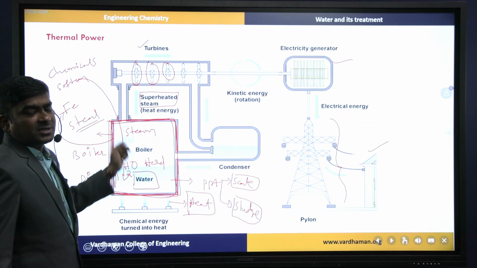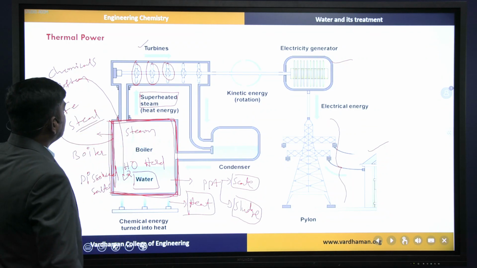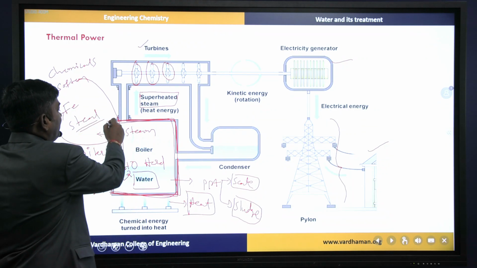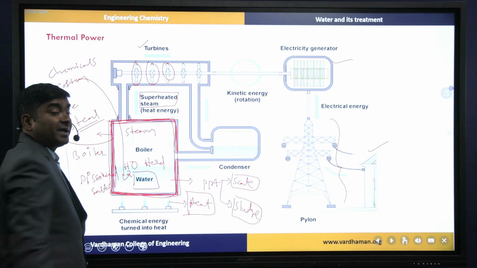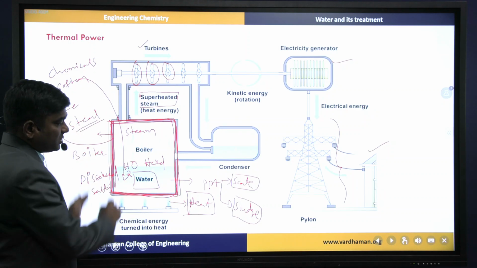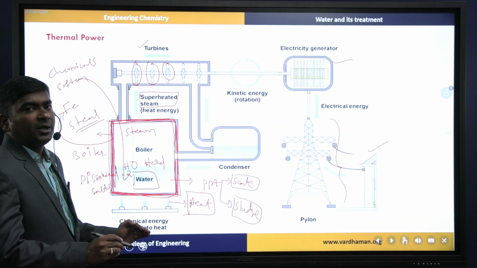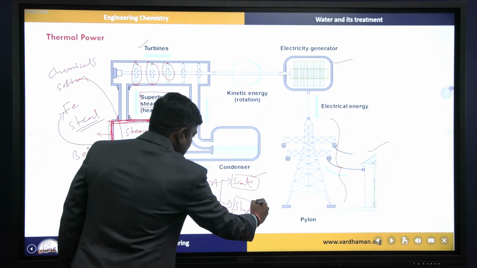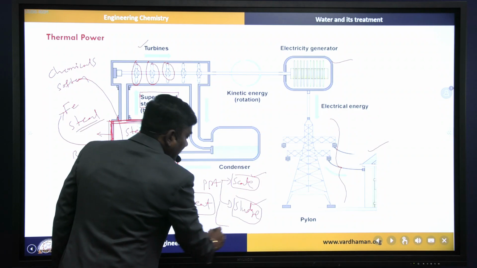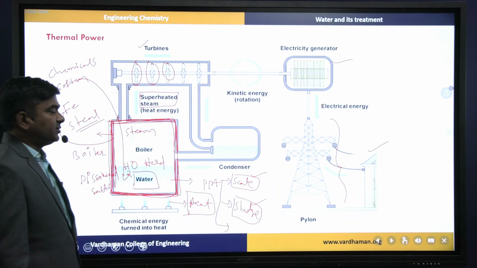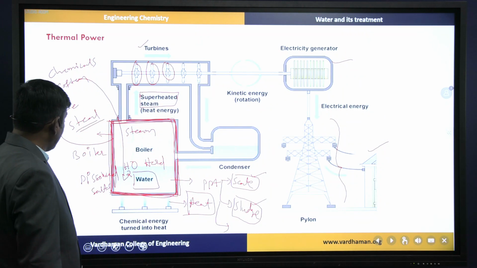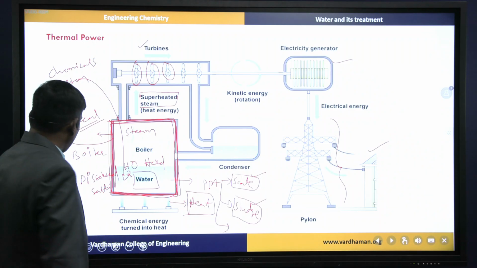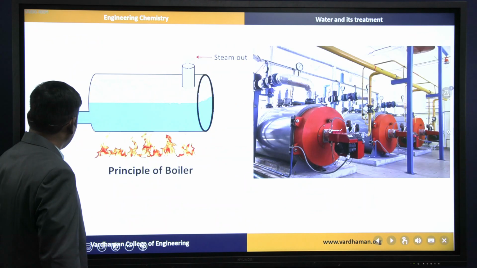Due to those chemicals also, the boiler wall may be affected. All of those come under boiler troubles. Today we are going to cover scale, sludge and caustic embrittlement. Other troubles like priming and foaming we are not going to cover.